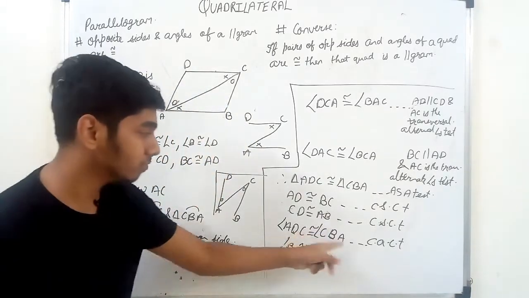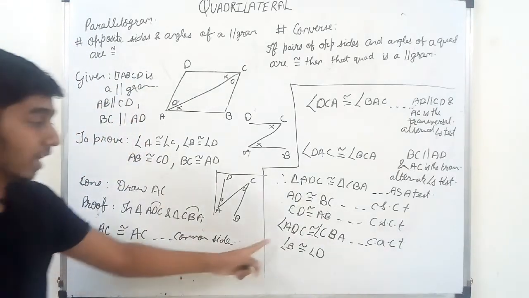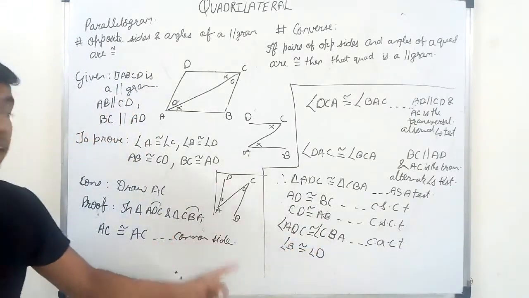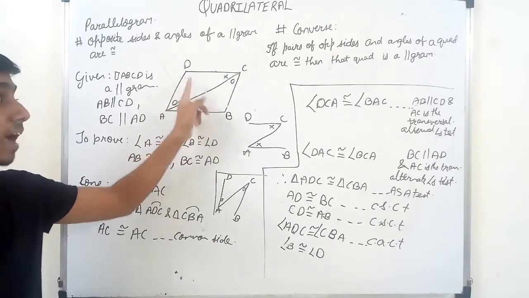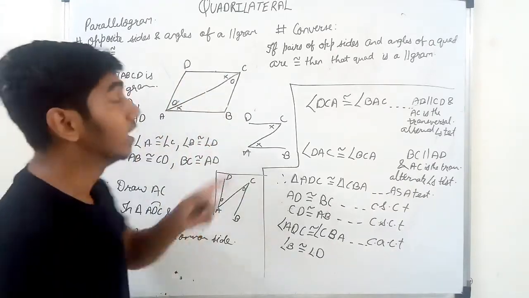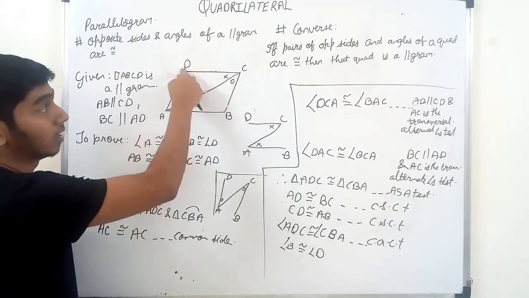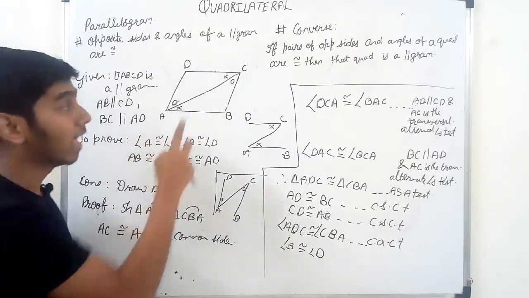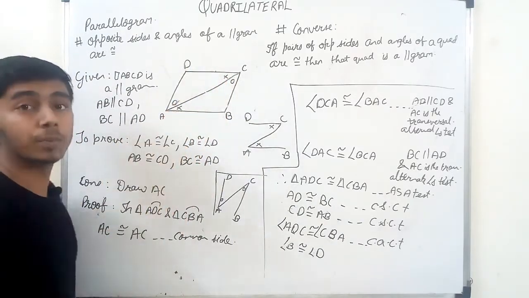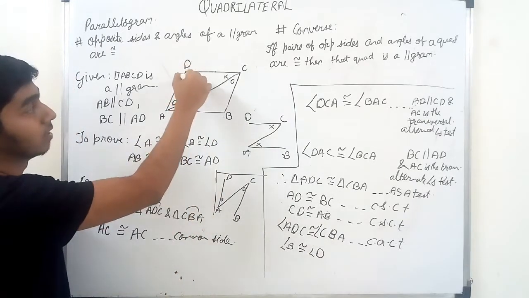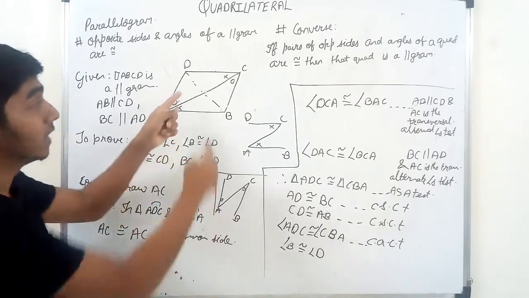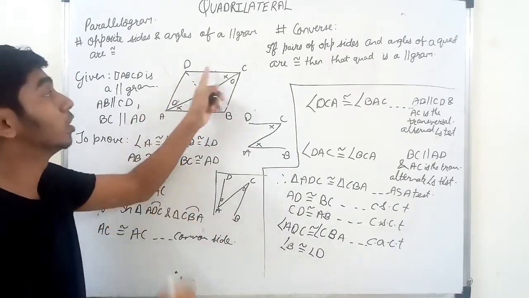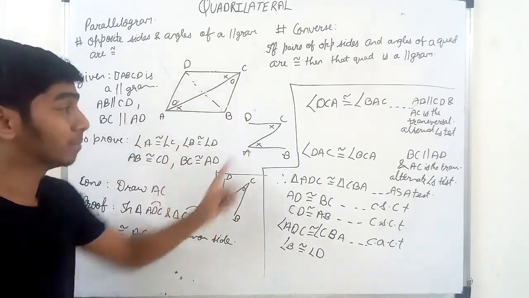That's what we get. Therefore, we have taken these two triangles and proved these two angles to be congruent. Now take these other two: draw this diagonal as a construction, and take these two triangles and prove them congruent in a similar way.